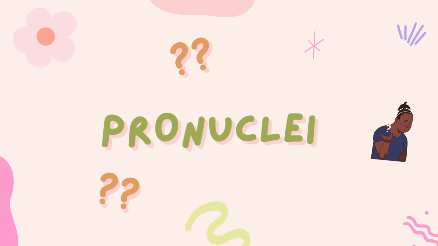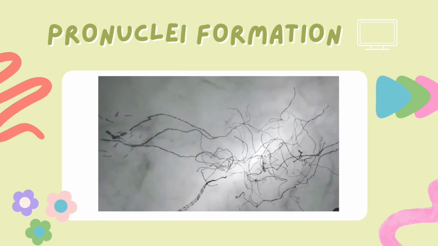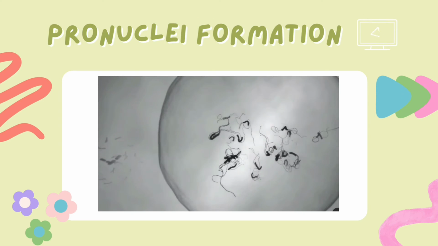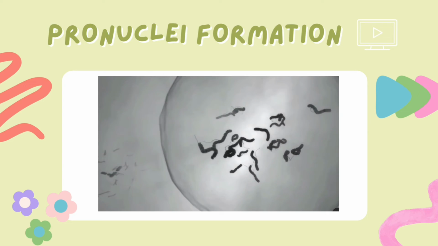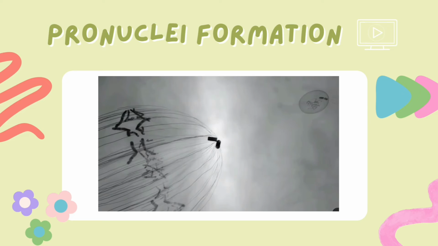What is pronuclei? Pronuclei is the haploid nucleus of either the sperm or egg before the fusion of the nuclei in fertilization. The chromosomal material of the sperm decondenses and enlarges. The sperm will also lose its flagellum, forming the male pronucleus. The genetic material will then reform to be 23 chromosomes.